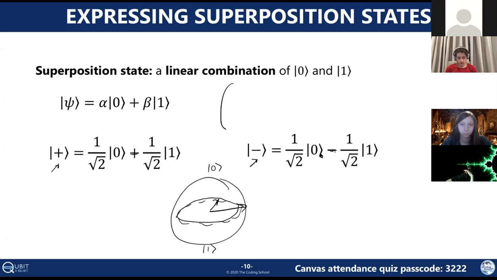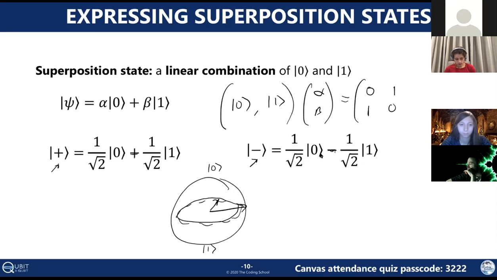So if you took your matrix to be 0 and 1, and then this to be alpha and beta, this would be written as, I always have it backwards, 0, 1, 1, 0, alpha, beta. So that's equivalent. If you have any kind of linear combination, you can always represent it as a matrix.